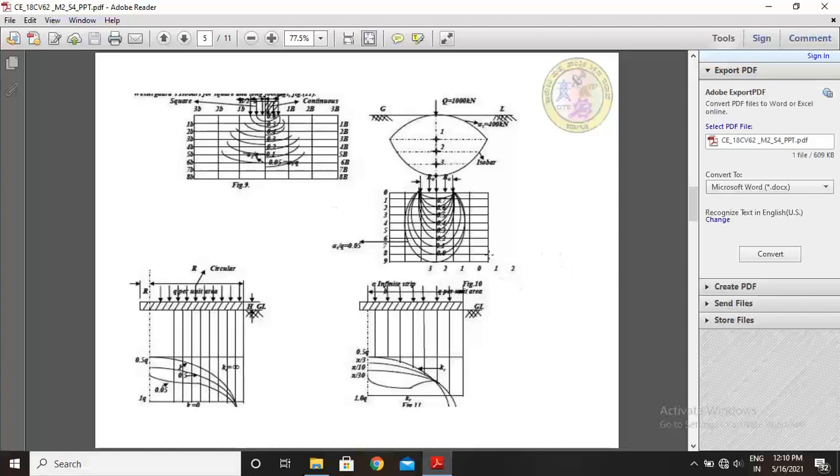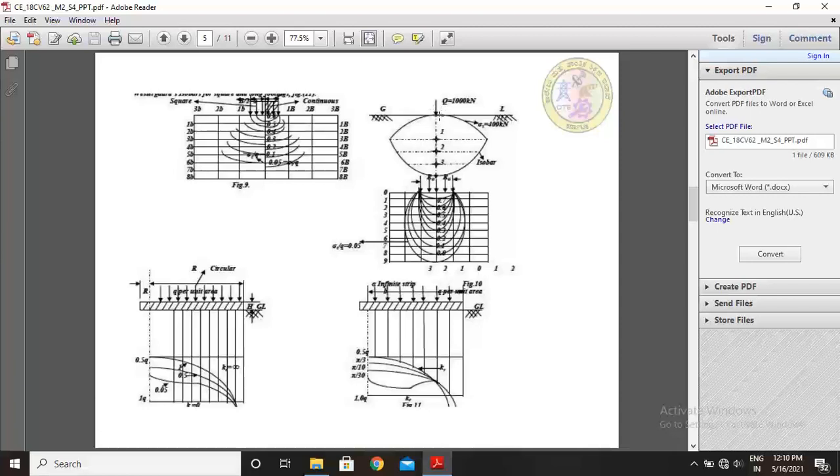See figure 2.10. This is the ground level, and this is the structural load Q equal to 1000 kilonewtons applied. You refer along the depth of the foundation at 1 meter depth, 2 meter depth, 3 meter depth, and so on up to n number of meters. So how is stress occurring?